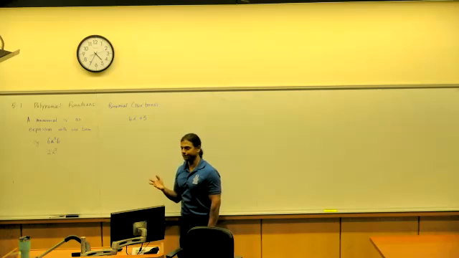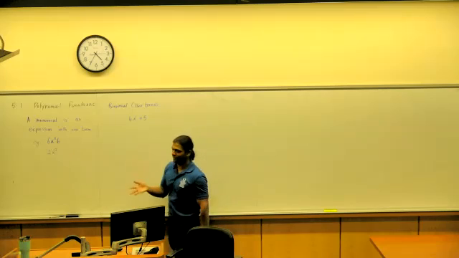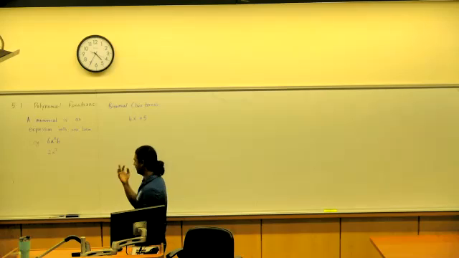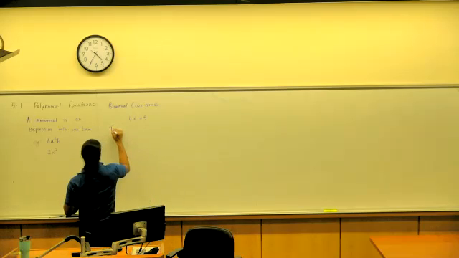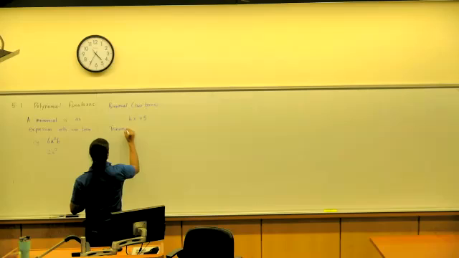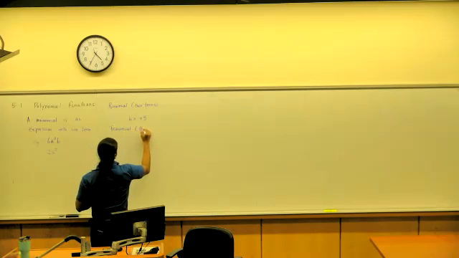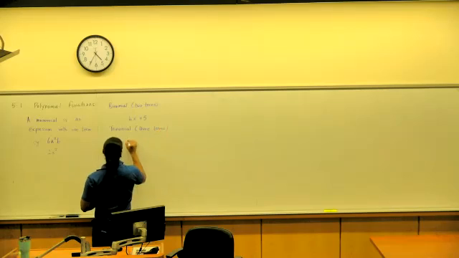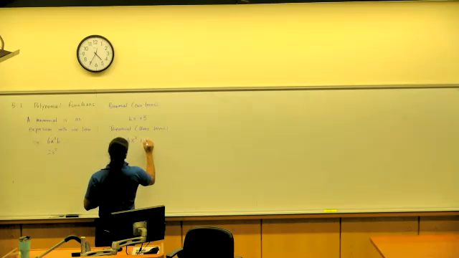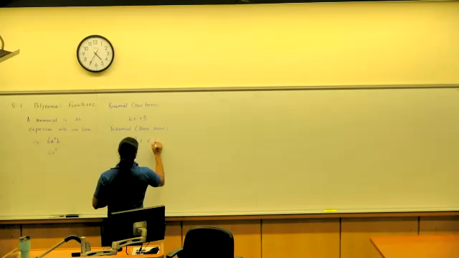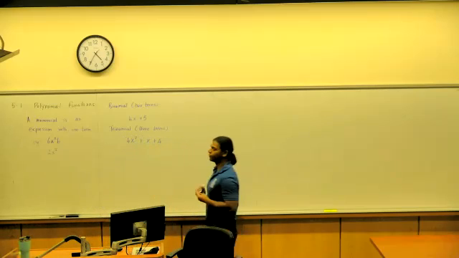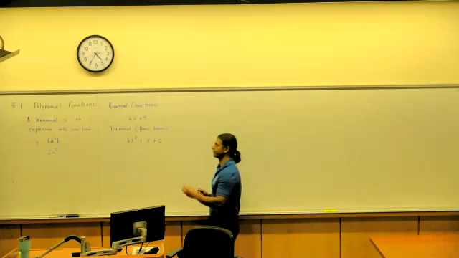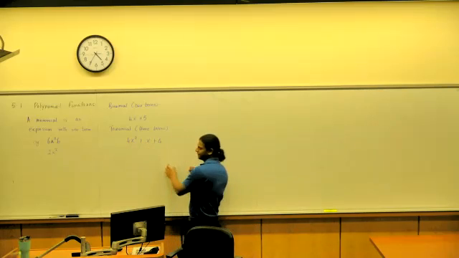a binomial. Now, if you have to take a guess as to what a trinomial is, what would you say? Three terms. So 4x² plus x plus 4 is a trinomial because it has three terms.